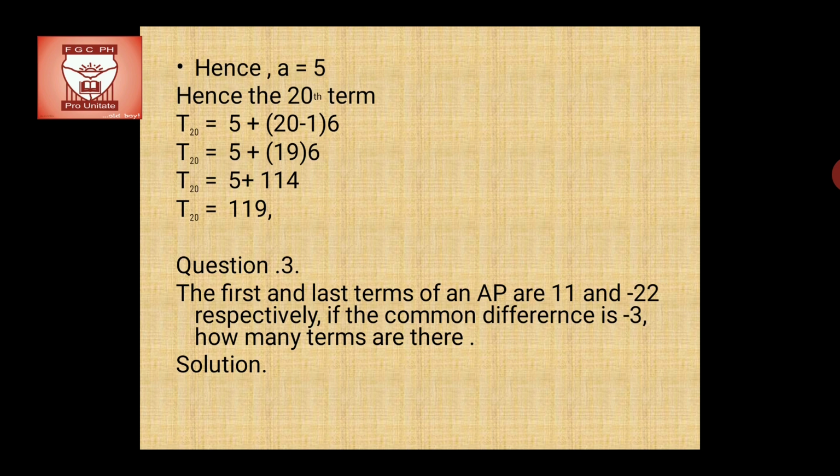Now let's look at question number 3. The question says the first and the last term of an AP are 11 and minus 22 respectively. If the common difference is minus 3, how many terms are there? Let's also look at the solution.